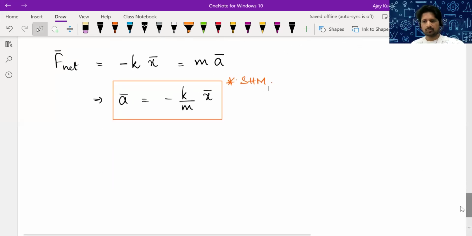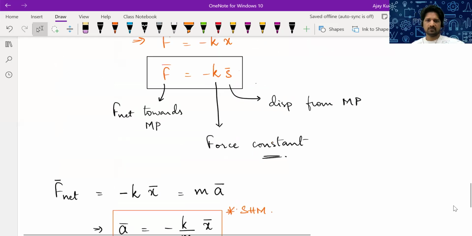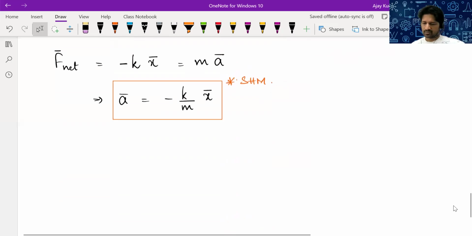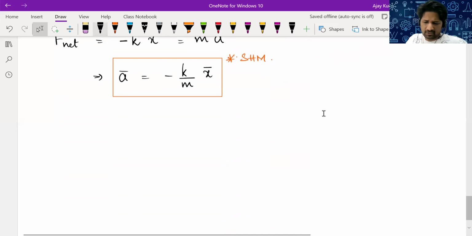Okay. If it is not proportional, then it can be harmonic motion, but it won't be simple harmonic motion. It can be oscillation, but you won't call it simple harmonic oscillation. Okay. For it to be simple harmonic, this is how they should be related: force proportional to displacement and acceleration proportional to displacement.